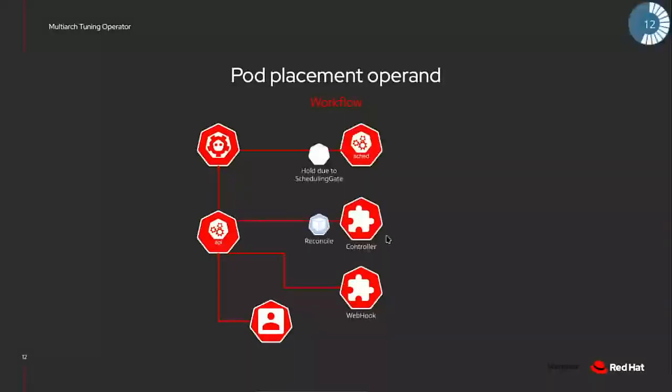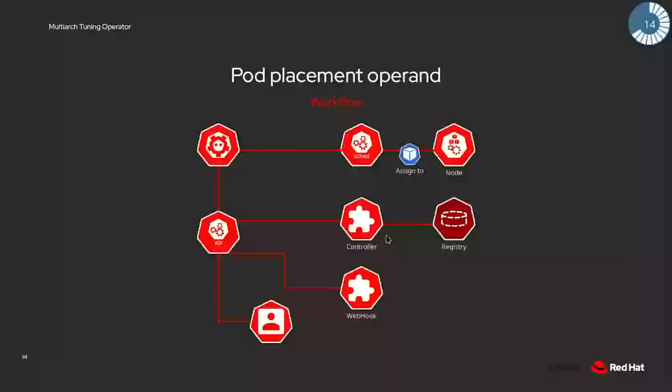Once a pod is gated, the scheduler will never work on it until someone decides to remove that gate, which is the controller that we run, capable of, as I was saying, reconciling the pod, inspecting the images, patching the pod, adding the supported architectures, removing the gate, and allowing the scheduler to place the pod on the proper node.